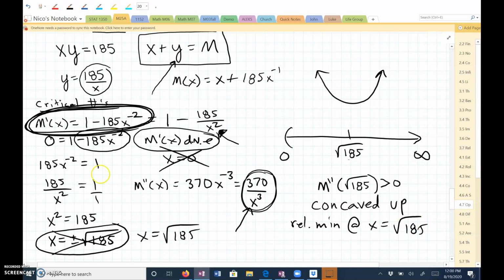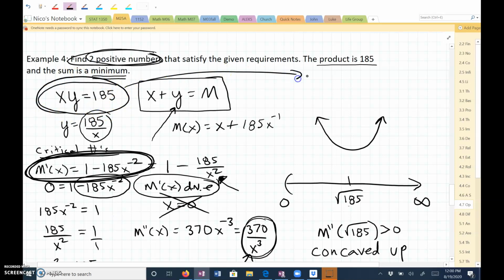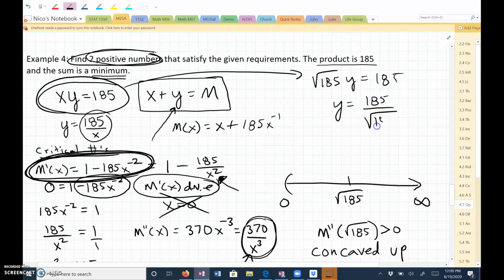And then we just have to find the y value. To find the y value, you're going to plug that in here. x is the square root of 185 times y equals 185. Divide both sides by the square root of 185.